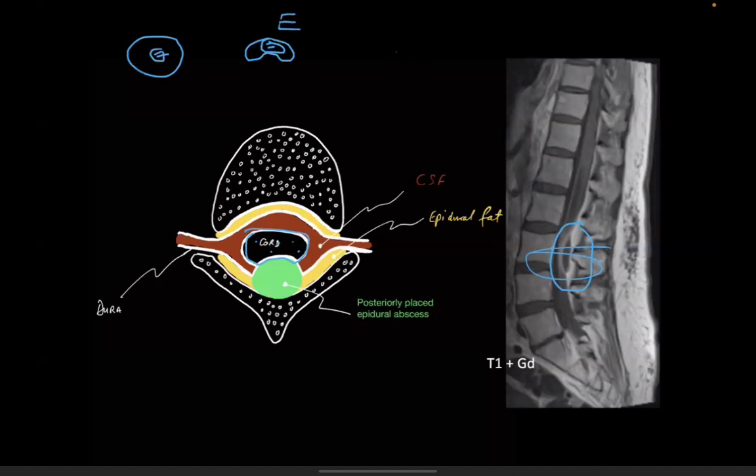If it's intradural, you'll get the cord, and then you've got a lesion inside. Okay, so it shouldn't really cause the thecal sac to take on the shape like that. It should be circular.